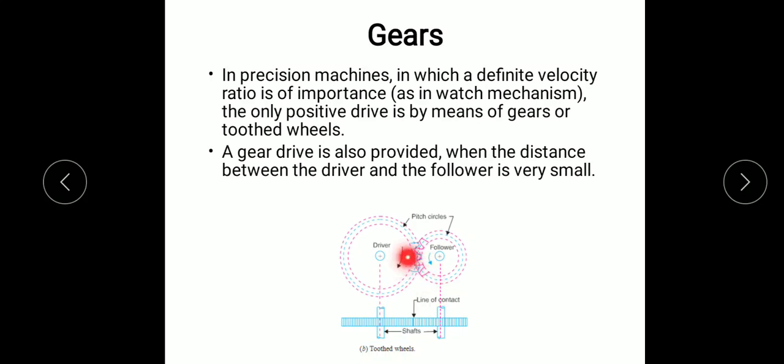You can see the teeth are shown only here, but this will be continued in all directions, and you can even see the meeting of two gears here. This is the driver shaft till this one, and from here you can see a driven shaft. I think most of you know the gear mechanism. It is most commonly used in machines, mechanisms, etc.